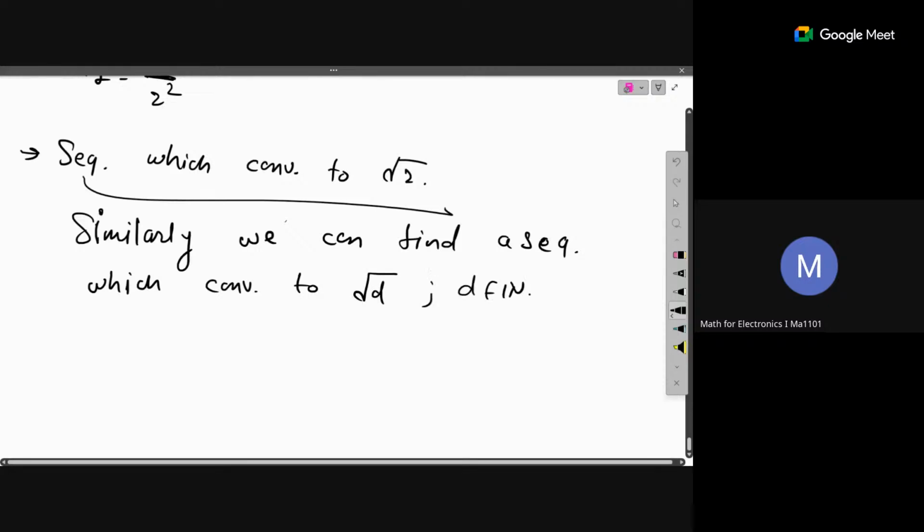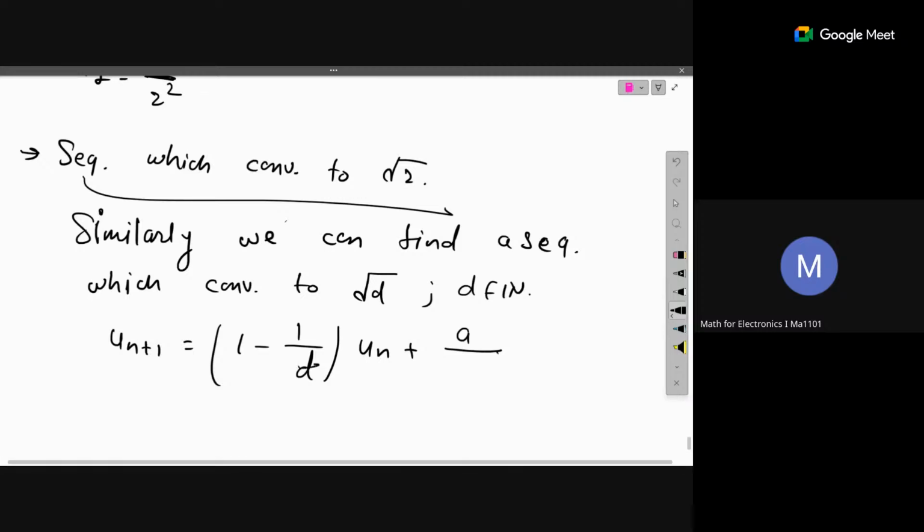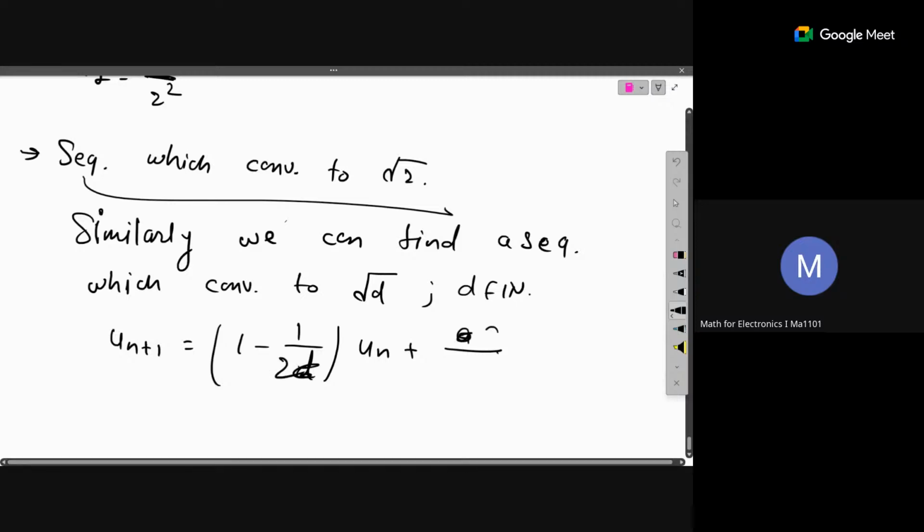And that sequence is given by u_{n+1} equals 1 minus 1 by d of u_n plus a by, sorry, this will be 2, and this will be d by 2 times u_n.